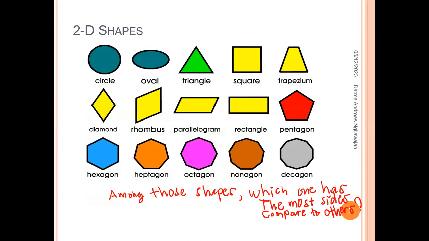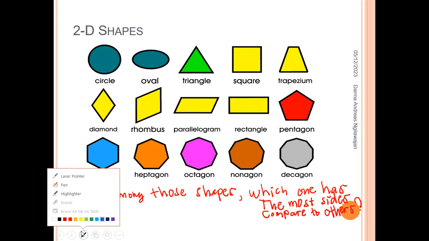So as you can see, circle, lingkaran. Oval, what is oval? Ellipse ya? Triangle, segitiga. Square, persegi. Trapezium, trapezium ya? Okay, I will switch this one because as a pointer I only need to point it.